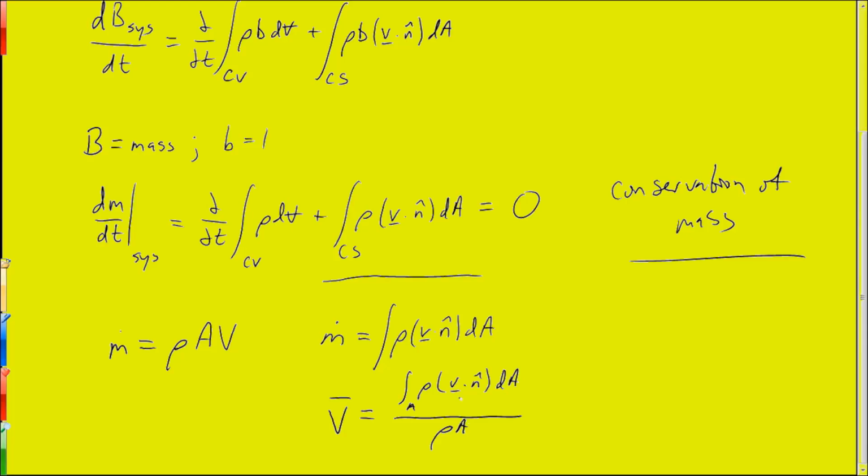If the velocity is constant across this area as well, for uniform velocity, then of course the v just comes outside the integral once again, and we see that the average velocity is just equal to the uniform velocity v.